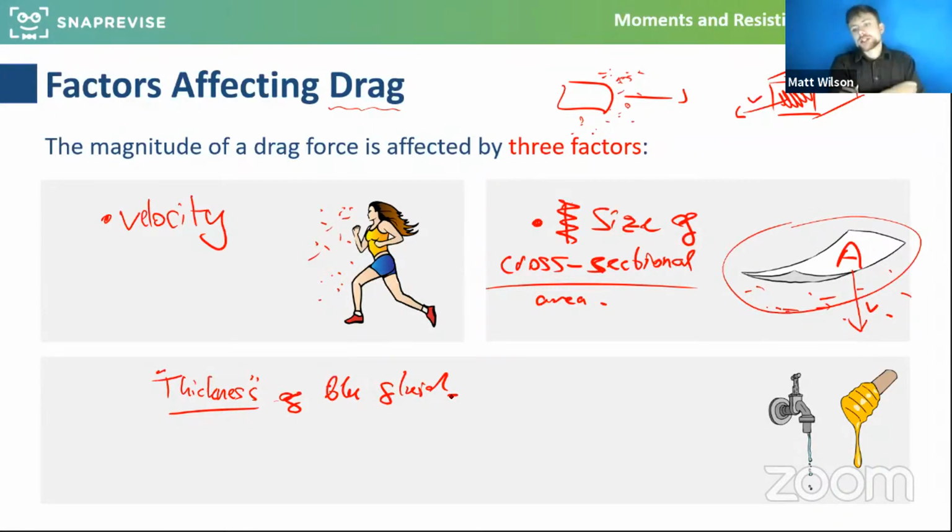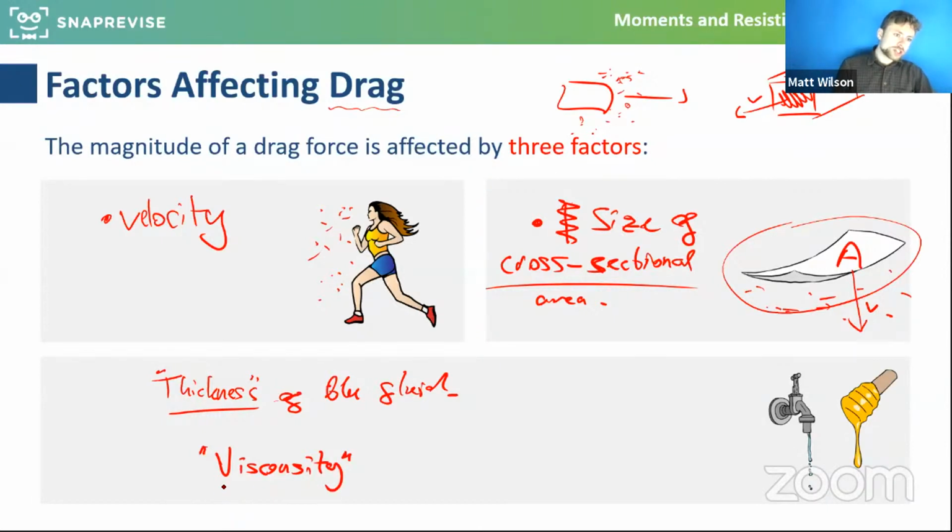And you might even imagine that if you tried to walk through honey, it would be even harder than walking through water. This is essentially because, in an informal way, each of those fluids is thicker than the one before. And the fancy physics word that we're using for this notion of thickness is called viscosity.